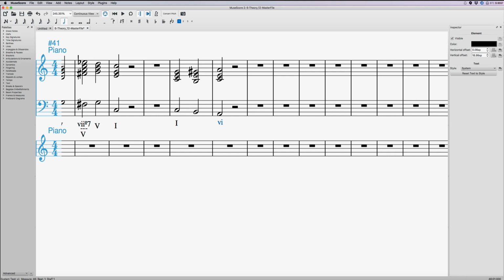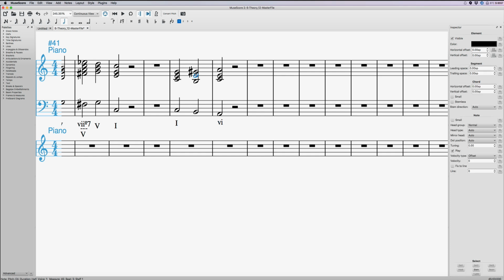What's my chord? E, G, B is the triad. So I'm on an E major chord. Oh, it makes good sense because A minor here, the 5 of that is E major. So we're just on a 5 of 6 here.